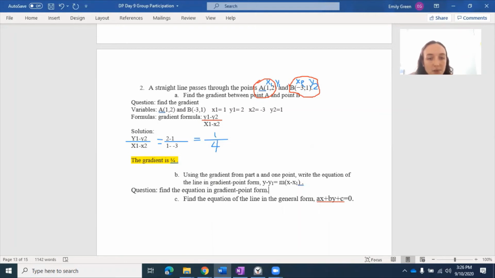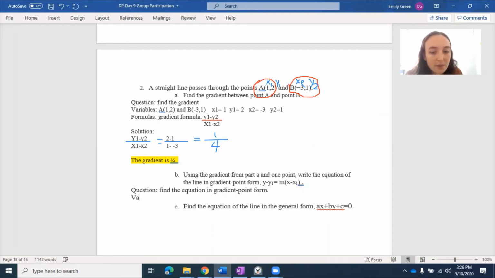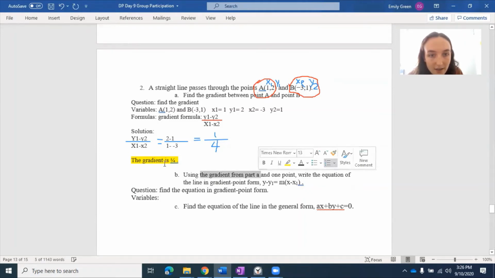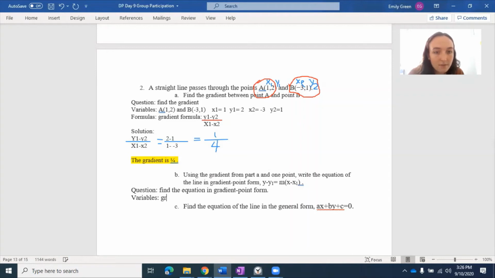Once we have gradient point form, we have our answer. The variables are actually told to us in the problem. They want us to use the gradient from part A, so we'll use that 1 over 4. m equals 1/4.